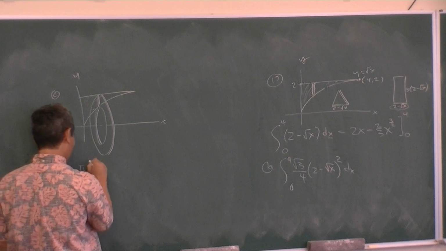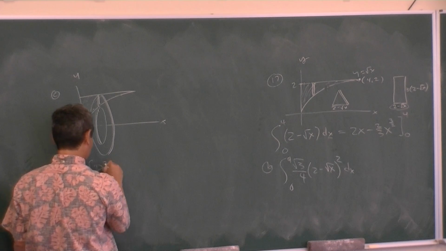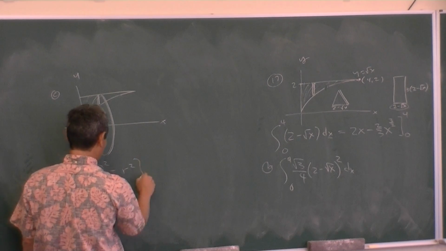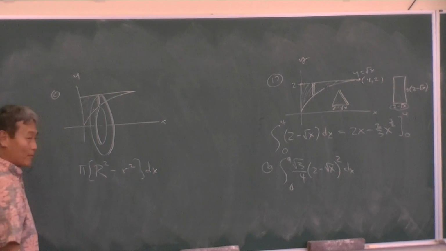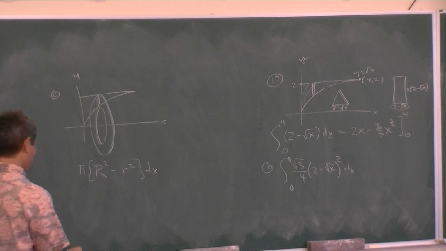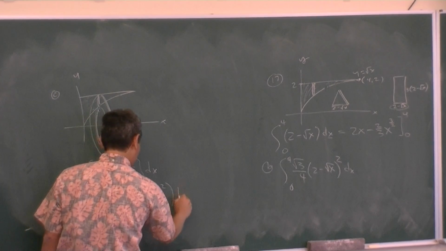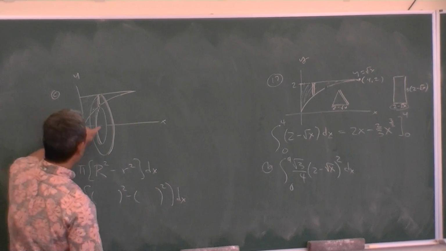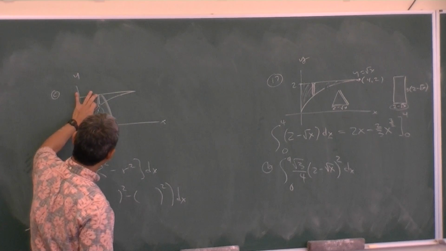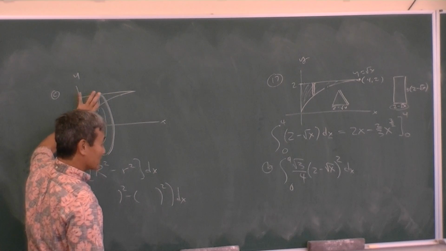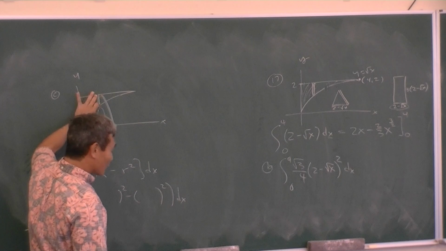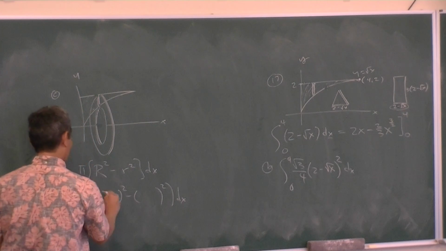You guys even remember? Pi times big R. Don't forget that pi now, because that's like 1 point right there for pi. So pi, big R squared minus little r squared dx. Big R goes from the center to the outer edge. How do I find that distance? Top minus bottom. 2 minus 0 is 2.